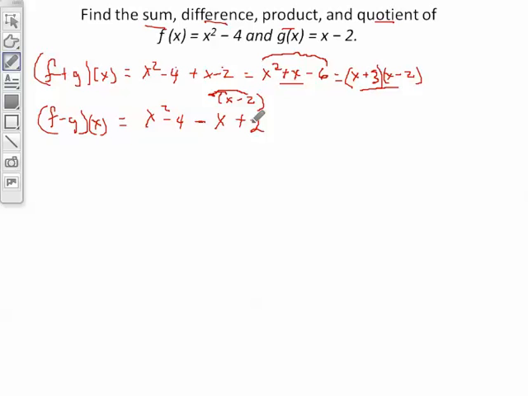That's where the plus 2 came from. And so this is equal to x squared minus x minus 2. Well, this one factors as well. And this one's going to factor into x, and then a minus 2 and a plus 1.